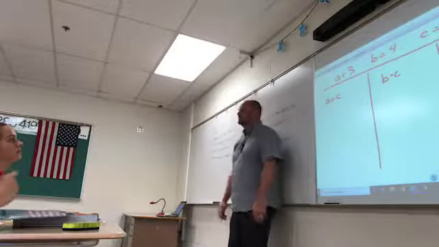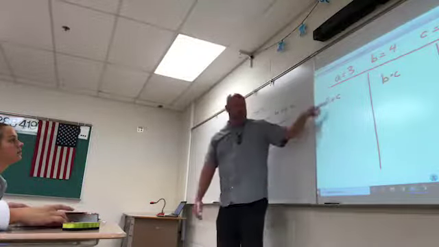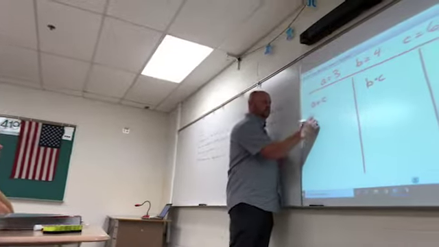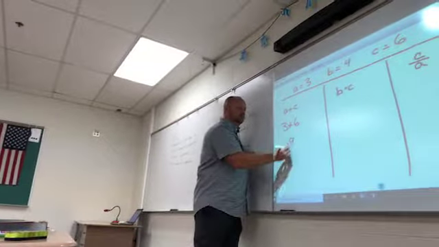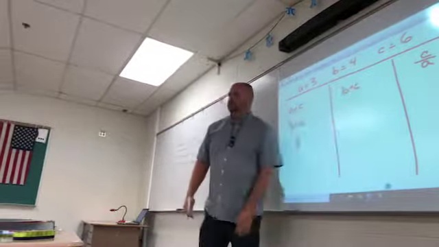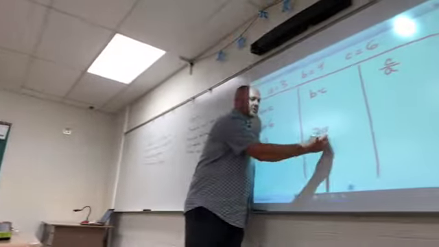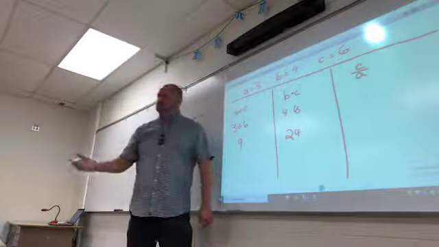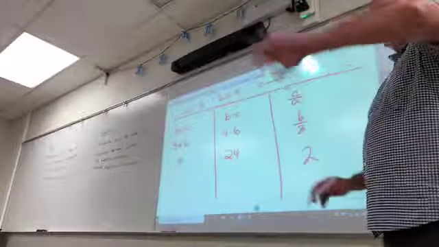What's the answer? 9. How'd you get that? Add 3 plus... We know A is 3, so what do you do with the A? Turn it into a 3. What about the C? 6. So the answer is 9. What do you do with this one? Multiply. What's the answer? 24. How'd you get 24? 4 times 6. What's the answer to this one? 2. How'd you get that? 6 divided by 3.